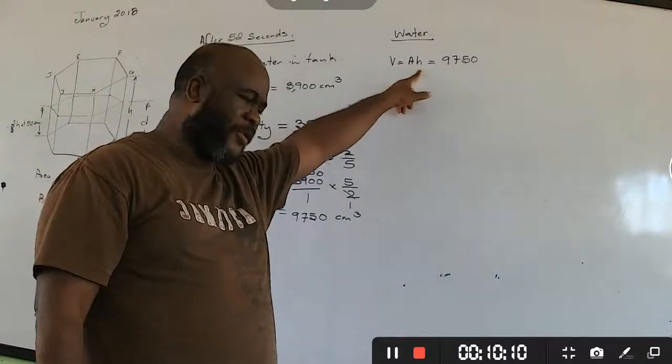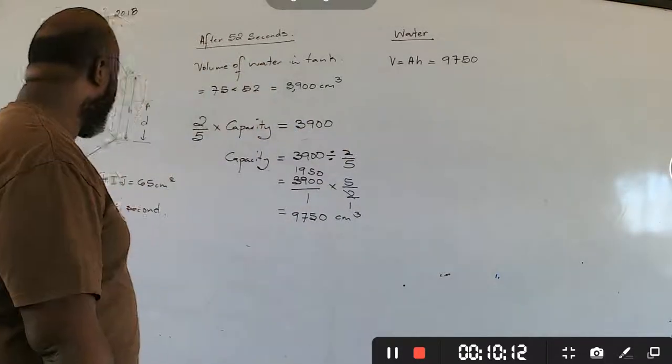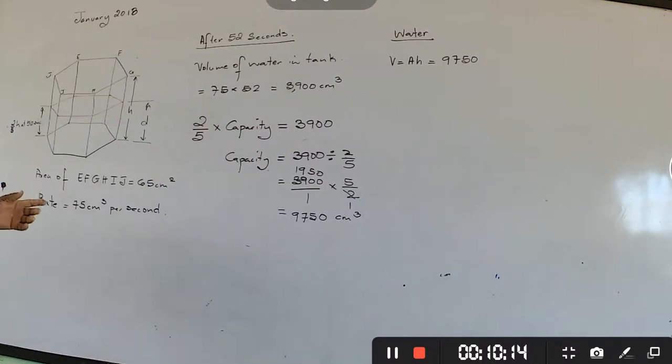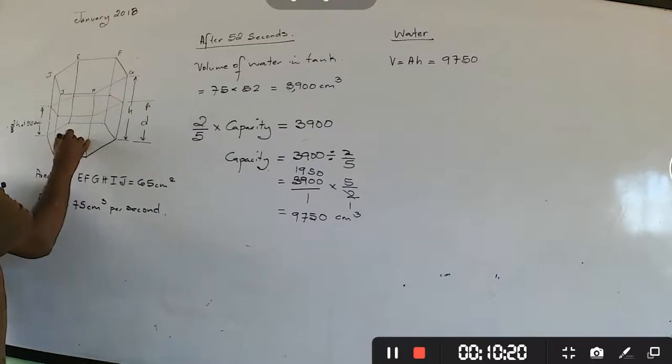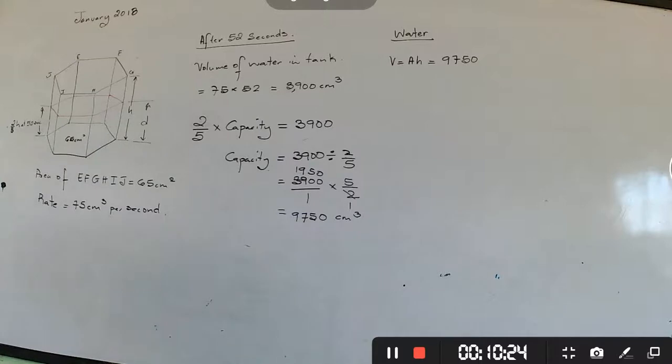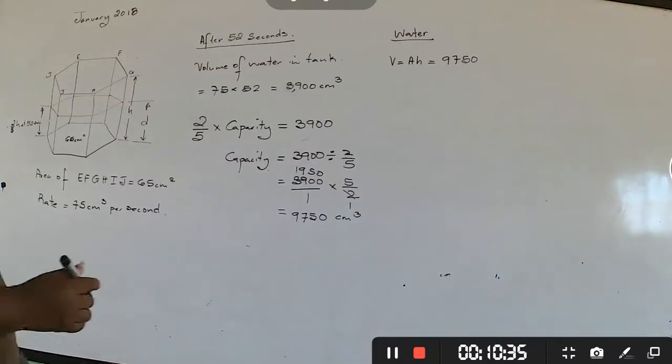V is equal to what? What is the area of the cross-section? It's given. Come on, they gave it to you. It is 65 centimeters squared. So that's the area of the cross-section of the tank. What is the area of the cross-section of the water? 65 centimeters squared. Why is the area the same? Because it takes the shape of the container.